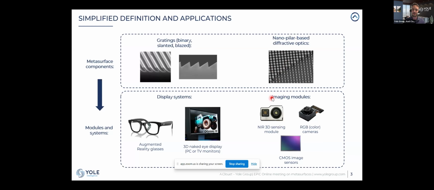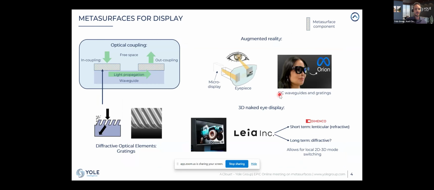Here is an overview for the display. In the blue bubble, you have the representation of the optical functionality that is achieved by such components. For augmented reality, what we look for is the optical coupling: bringing the light from free space to a waveguide, and outcoupling the light from the waveguide to free space.